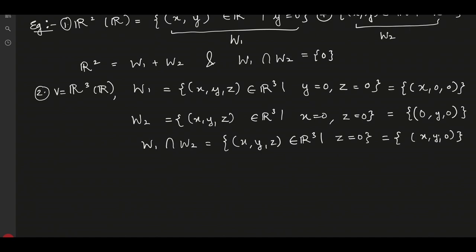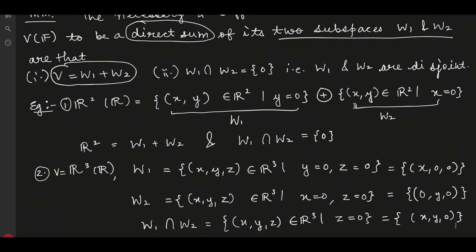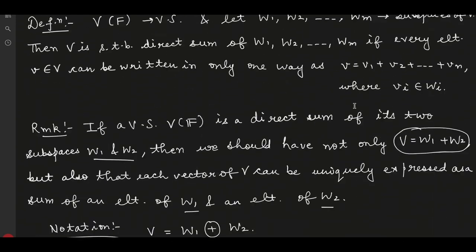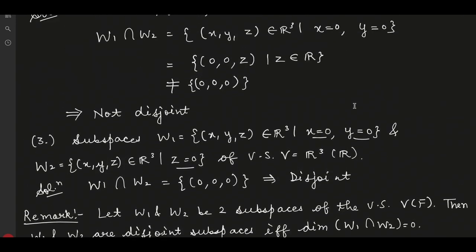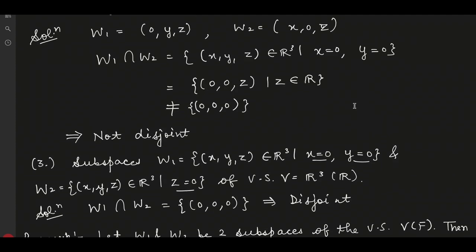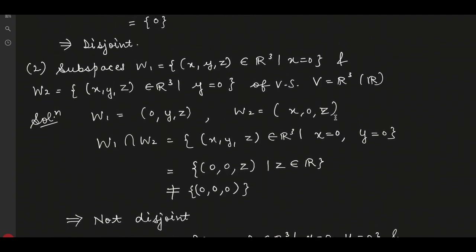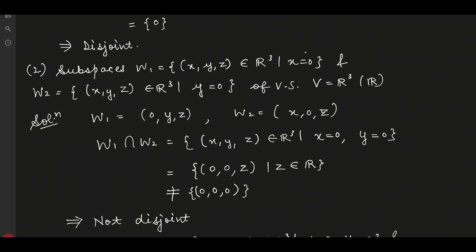When we have (0, y, z) and (x, 0, z), then there was no intersection, because there were two different conditions.